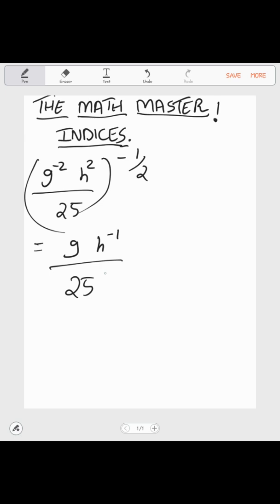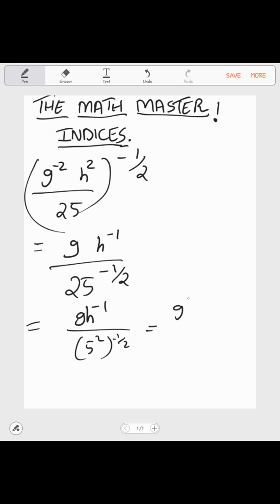Although because of this, 25 to the power minus 1 upon 2 is your answer. Not necessarily an answer, you can also write it like this, or maybe, wait a minute, let's just not include the root, let's just do it the easy way. g h to the power minus 1 and 5 squared minus 1 upon 2.